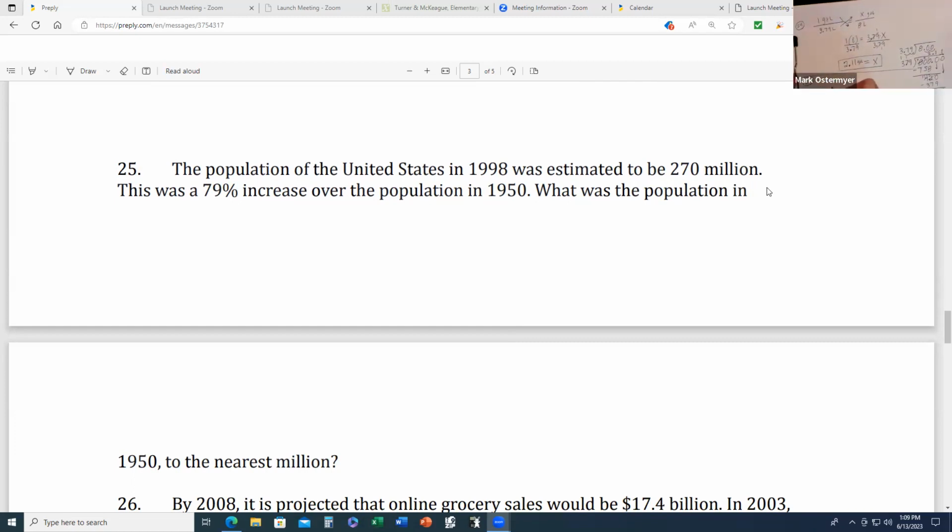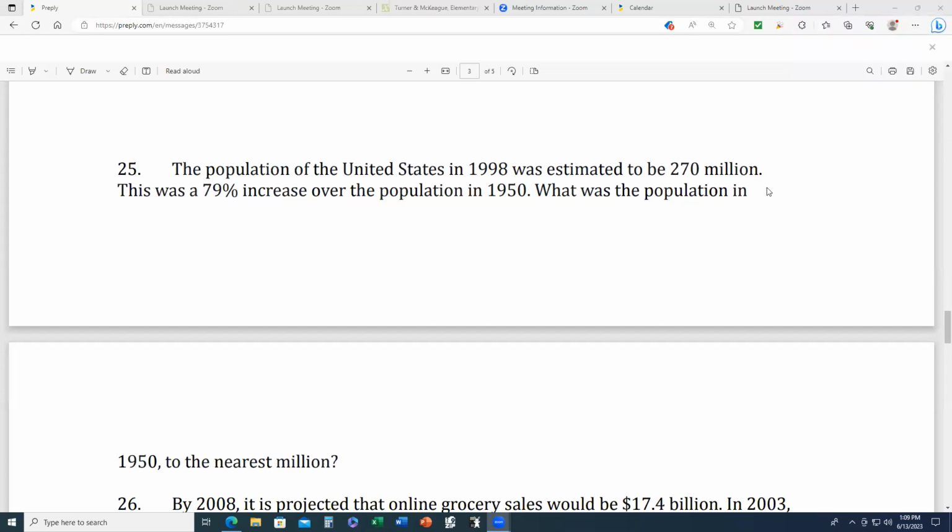All right. So a 79% increase, correct? It's going up. So do you agree that the population in 1998 is 179% of the population in 1950?